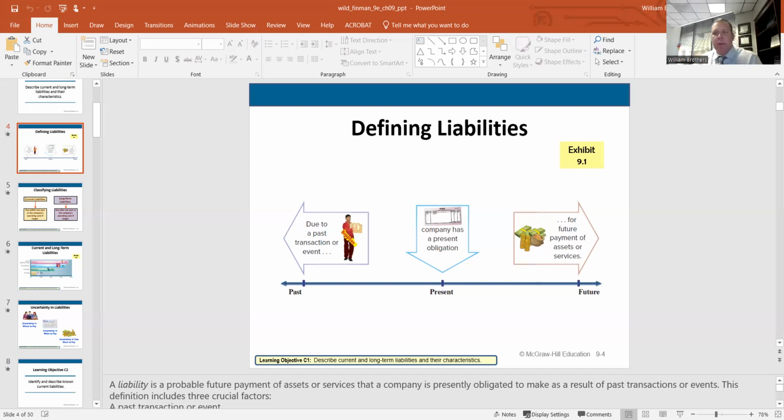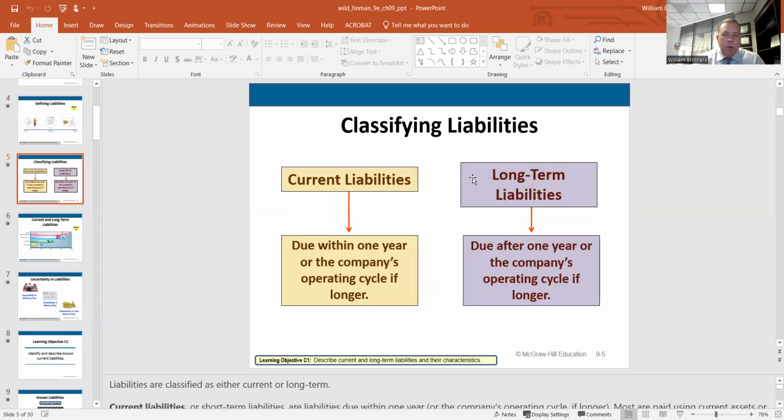The text defines, and I agree, current liabilities as liabilities due within 1 year or a company's operating cycle, if longer. Long-term liabilities are due after 1 year or a company's operating cycle or longer.